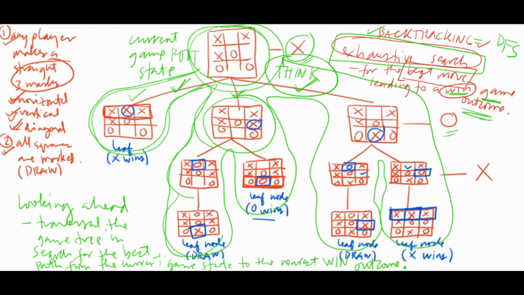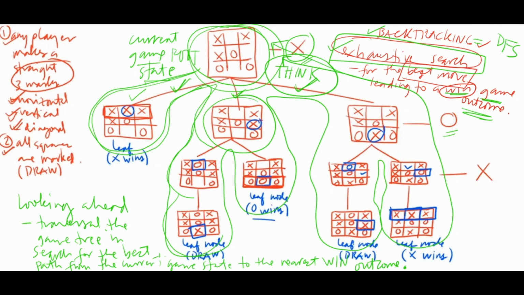So the process of backtracking, which is exhaustively searching or traversing the game tree by doing depth first search traversal starting from the current game state, you visit all the nodes of the tree, all the descendant nodes, until you reach back to the current game state, the current node.